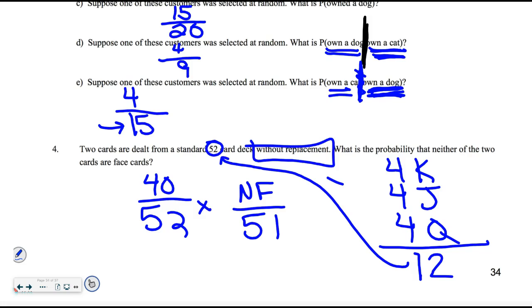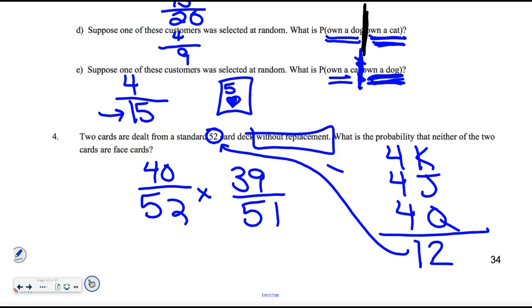Yes. But Nick pulled one out and he's holding on to it. Maybe he pulled out the 5 of hearts and he's holding it in his hand. So I have to take that 40 and say, uh-oh, now I'm down to 39. Now I need calculator help because I don't know that in my head. We'll leave it as a decimal to 3 decimal places.